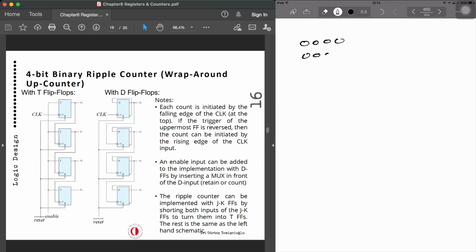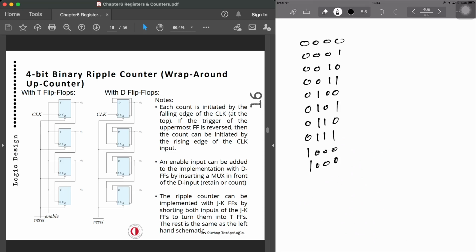So 0, 1, 2, 3, 4, 5, 6, 7, 8, and 9. And then, if it's a wraparound, it will go back and start again. So this is counting from 0 to 9, binary coded decimals.